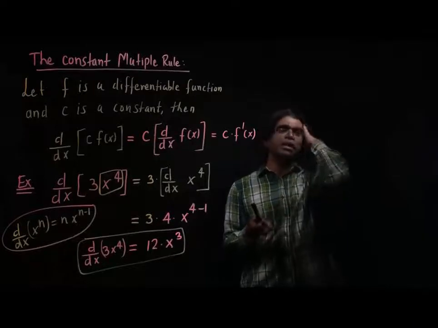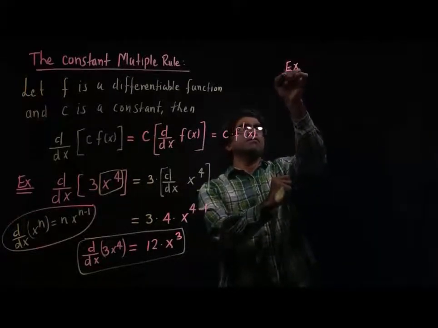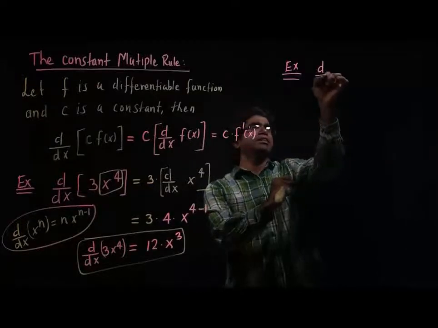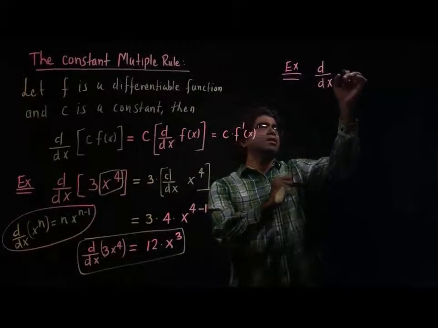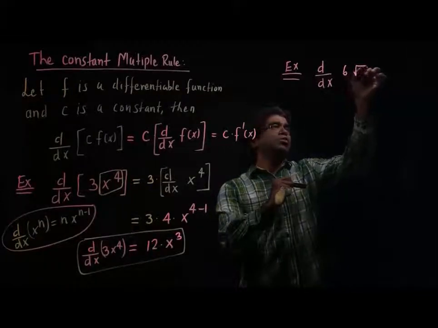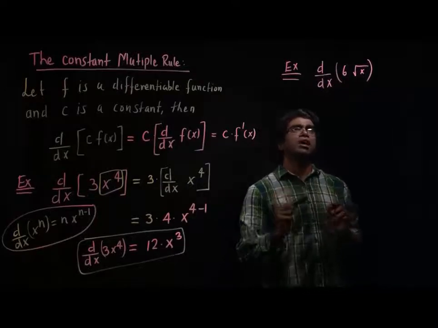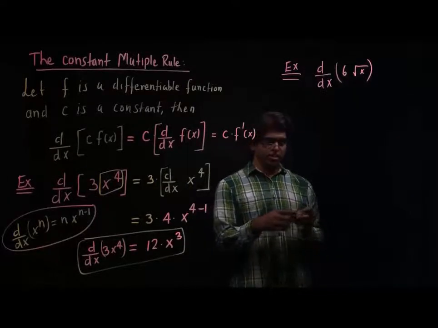Okay. Now let's consider another example. Find dy dx of 6 times the square root of x. This is my function, and I want to find the derivative of this function.